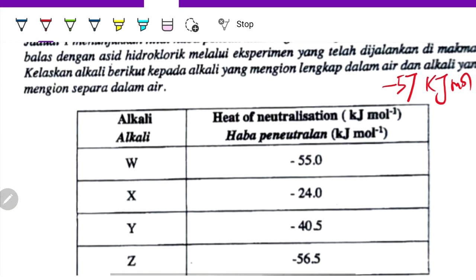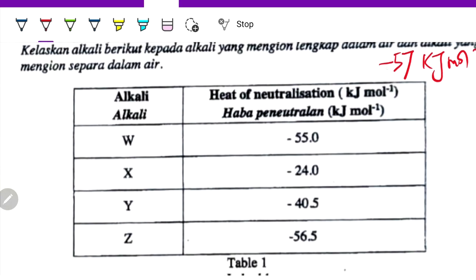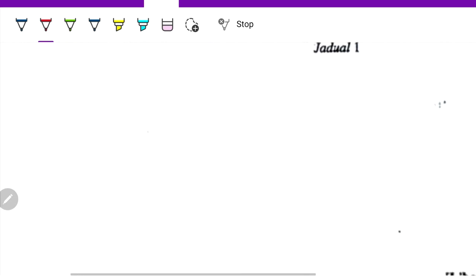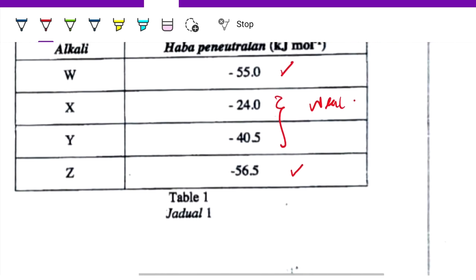So if close to the theory one, meaning strong acid, strong alkali, this one and this one, W and Z. If less than 57 kilojoule per mole, meaning that it's a weak alkali. So it's a weak one.